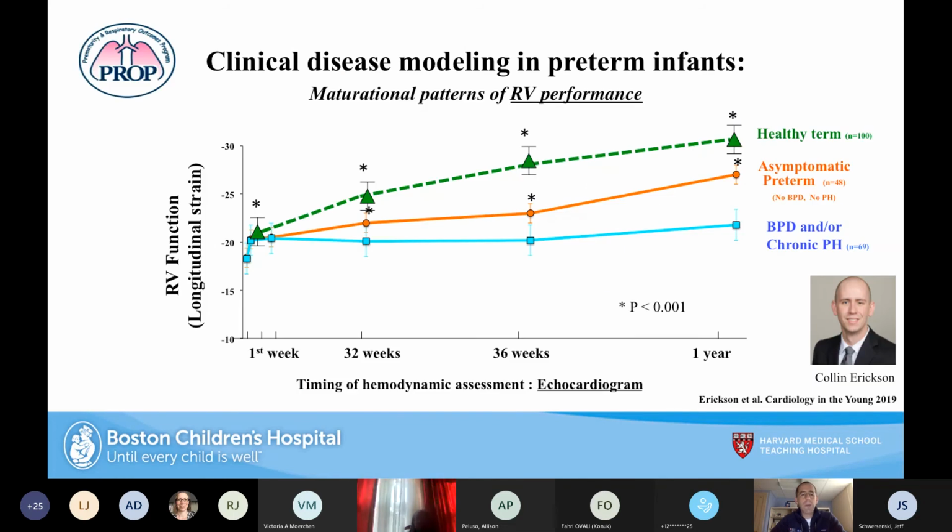And what we were able to show with our assessment, and this comes from one of our fellows, Colin Erickson, who's now completing medical school, is that with the evaluation of that measure of strain, looking at right ventricular function over the first year of age, we showed that in comparison to term infants, highlighted in green, all preterm infants had reduced right ventricular function as early as 32 weeks, that persisted into 1 year of age, and was more pronounced, highlighted in blue, in children who had lung disease, BPD, or pulmonary vascular disease, chronic pulmonary hypertension.